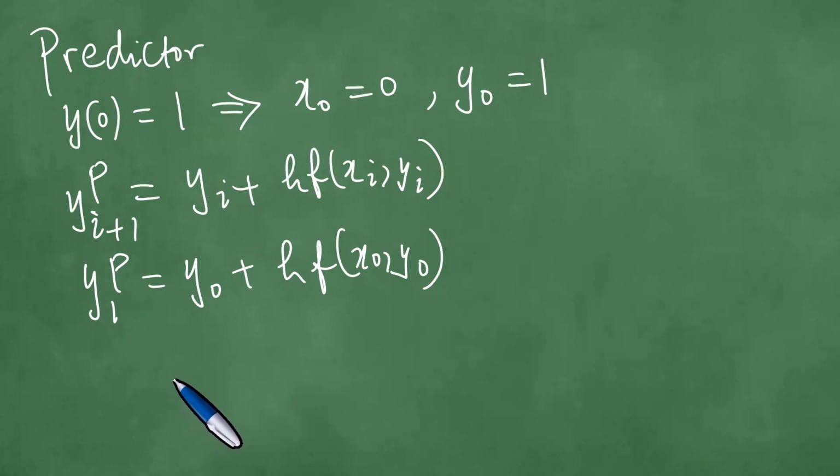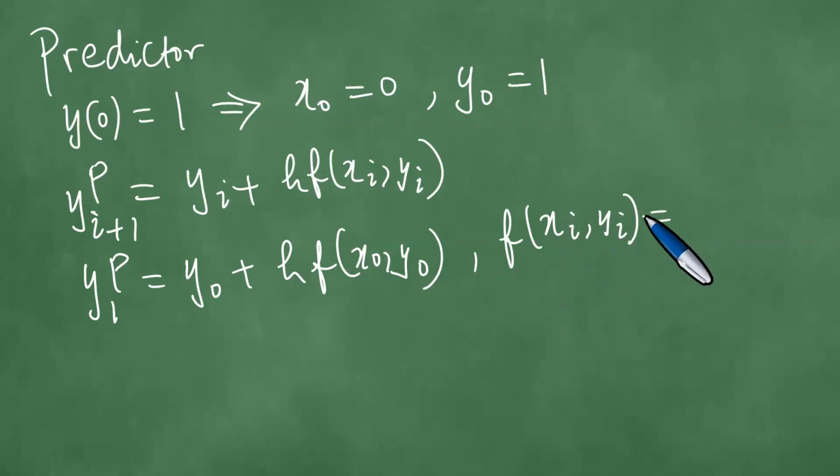So the next step, with the predictor and the corrector alike, is to identify the things we have up here. But we need to remember that f(xi, yi) is actually the sum of x and y for this question.